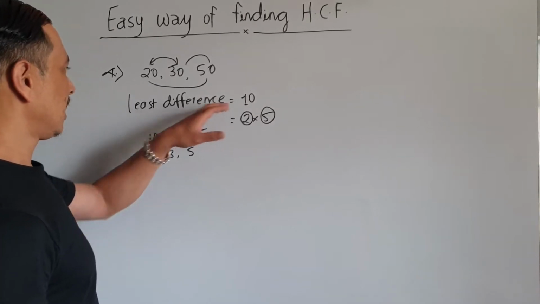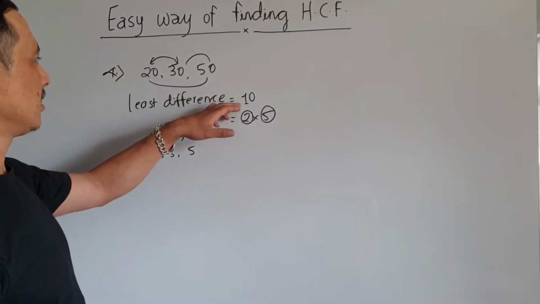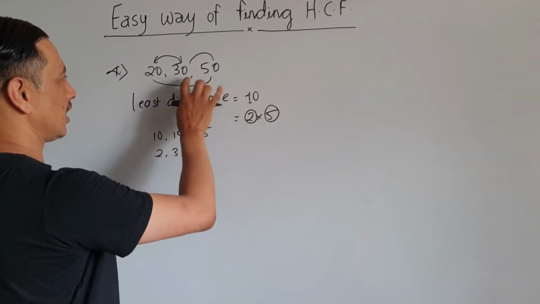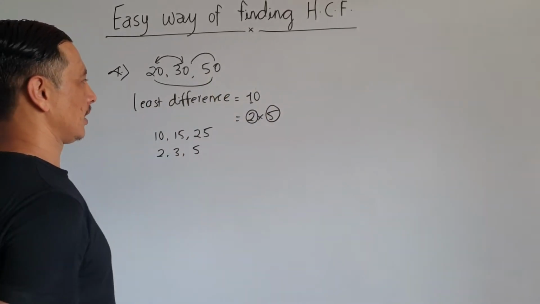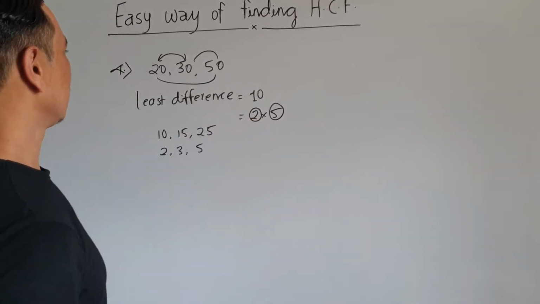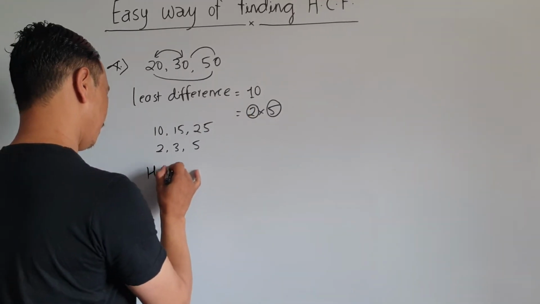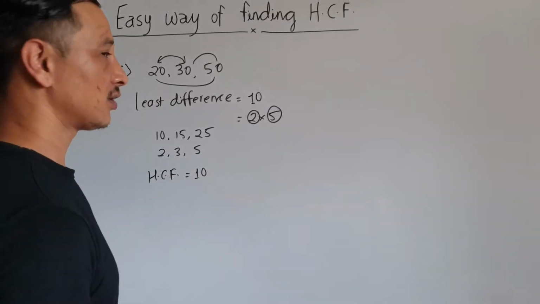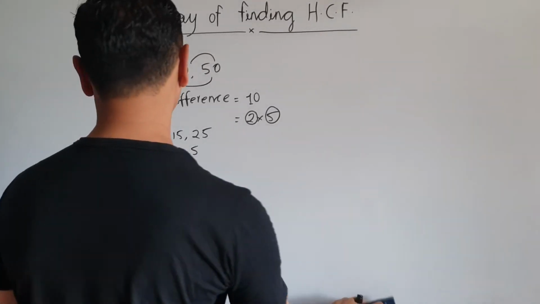In another case, you can just divide by the least difference if it divides all the numbers exactly. 10 times 2 is 20, 10 times 3 is 30, 10 times 5 is 50. So the least difference is dividing. So here the HCF is 10. So for three numbers also we can find the HCF by using this method.